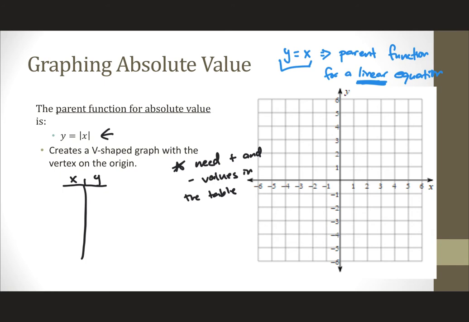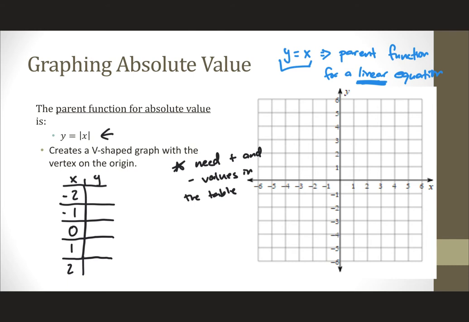I'm going to do the standard classic 5 points: -2, -1, 0, 1, and 2. Why do I pick these points, you ask? Because they're close to the origin, close to the y-axis, and they make my math life easier. They're very nice numbers.